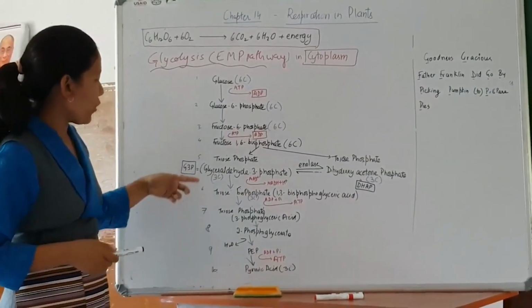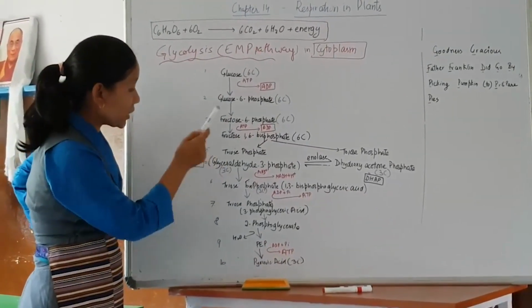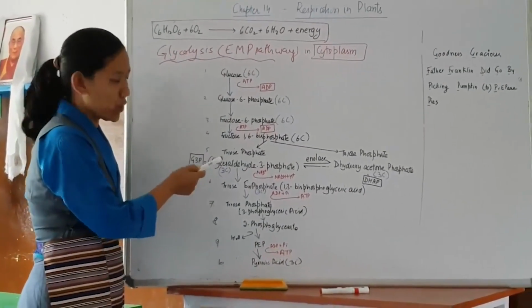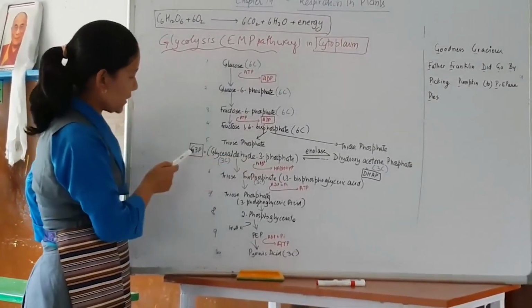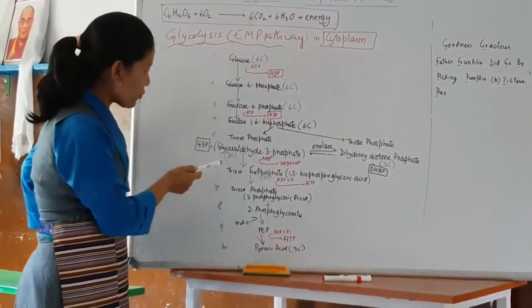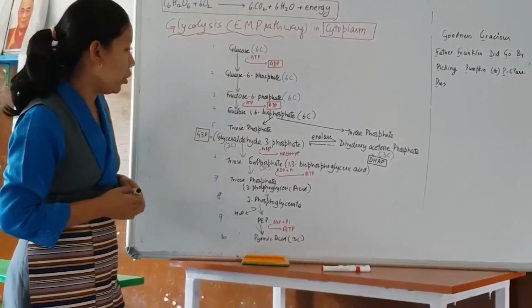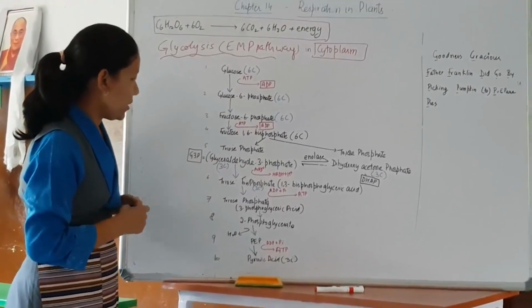Now the next pathway continues from G3P. Now glyceraldehyde 3-phosphate, I'll say G3P. Now this G3P will undergo oxidation again.